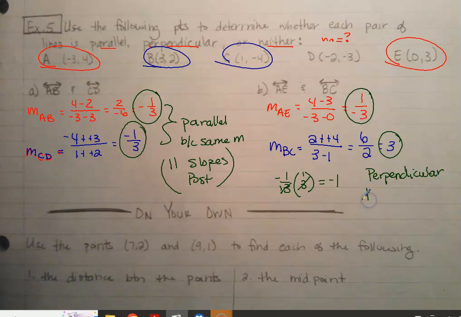Just like the parallel slopes postulate, this is the perpendicular slopes postulate, is the reason. We can conclude that they're perpendicular because of the perpendicular slopes postulate.